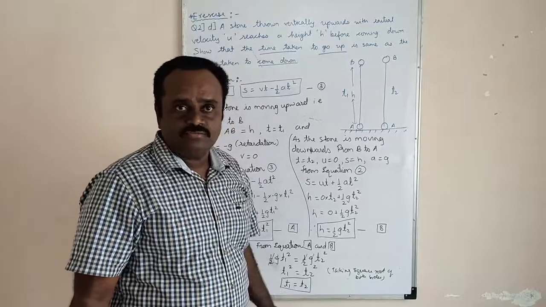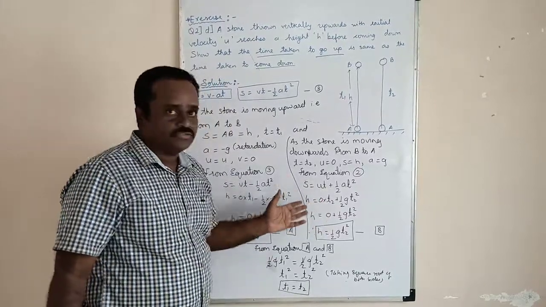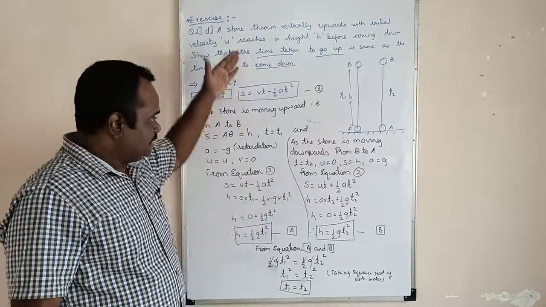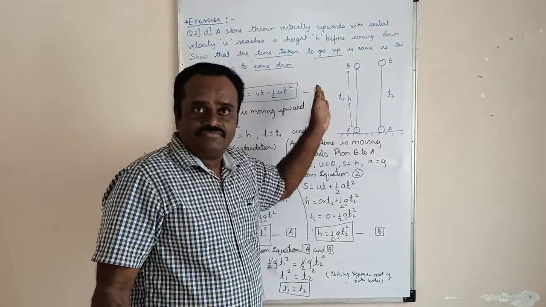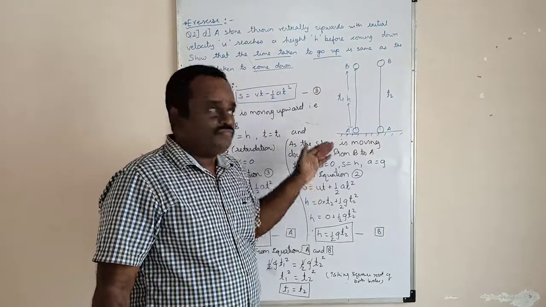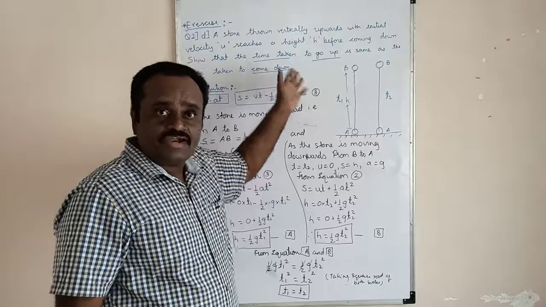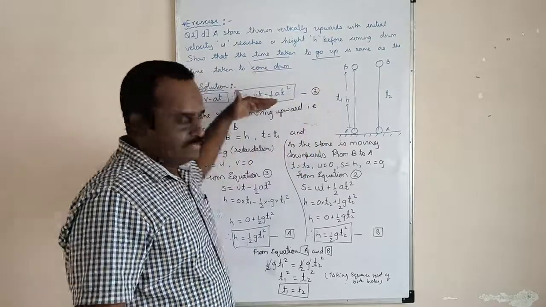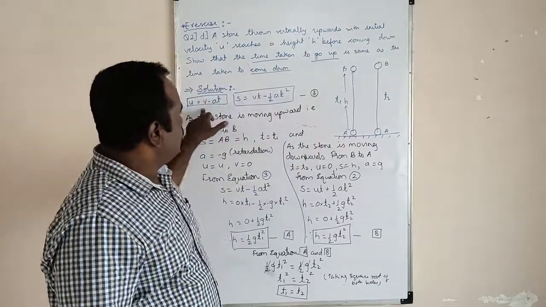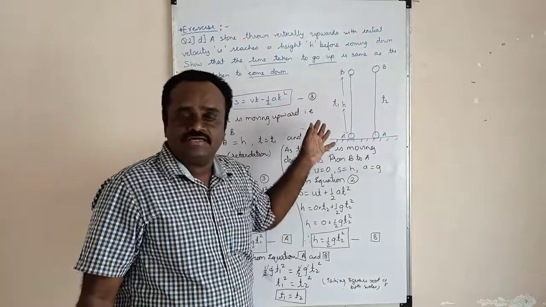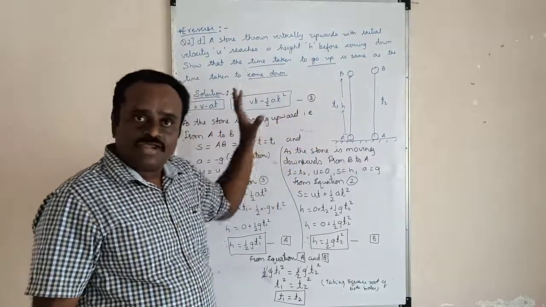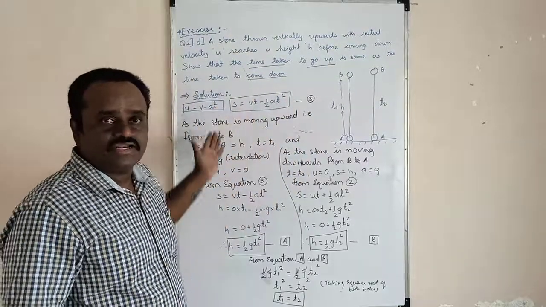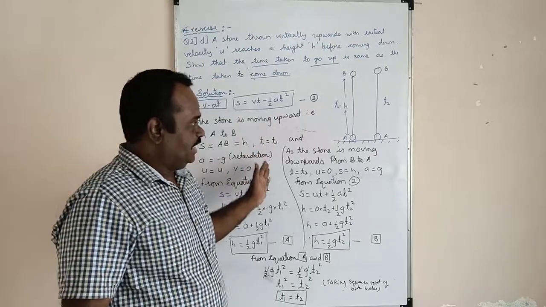So understood, students? If you have understood, take a screenshot of equations 1, 2, 3 and continue, or you can solve the example that I started with in the beginning.